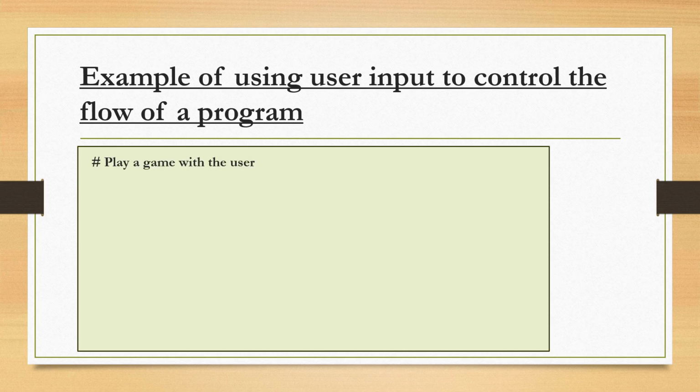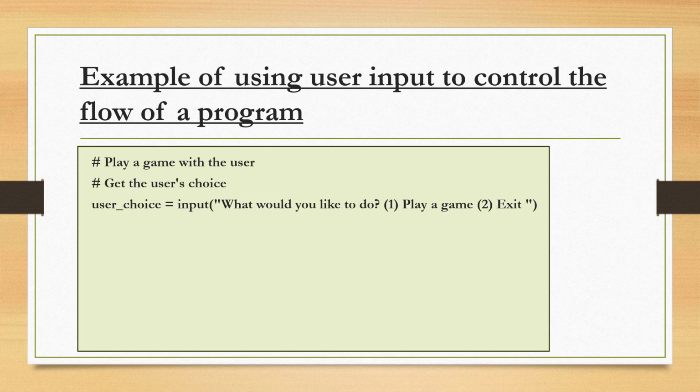First of all, play a game with a user. We are going to play a game with the user, then get the user choice. We are going to ask two choices. The first one is to play the game, and for two you can exit the game.